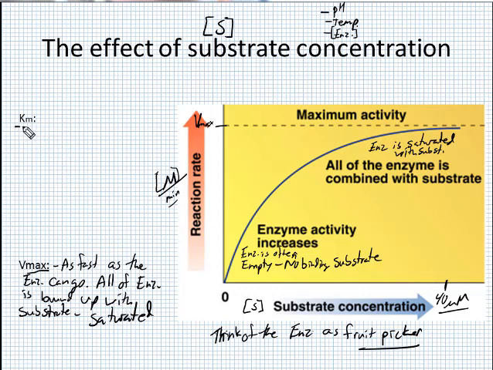Then there's this other value, Km, and I had mentioned this before when we were talking about inhibitors. There's a V type and a K type of allosteric regulation, and this K stands for the Michaelis-Menten constant.